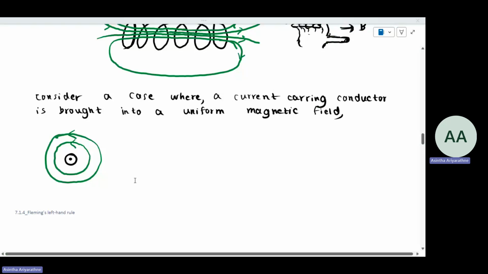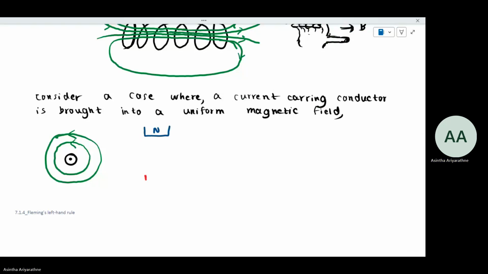And there is another, a horseshoe magnet. So we have a horseshoe magnet like this, with north pole and south pole. I will just draw the two terminals of the horseshoe magnet, not the other part.